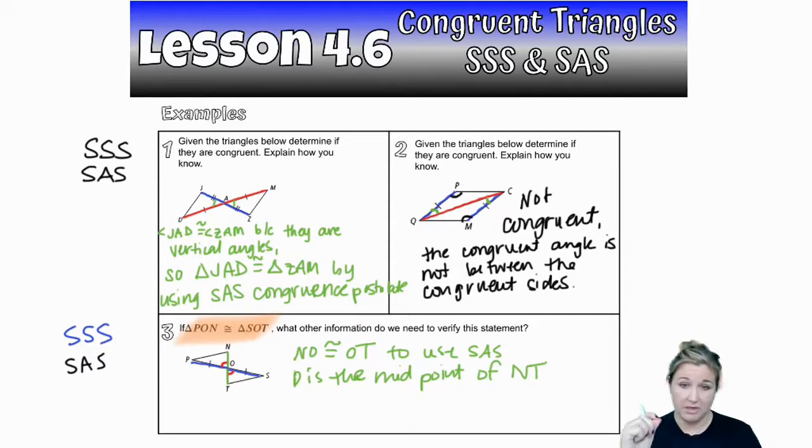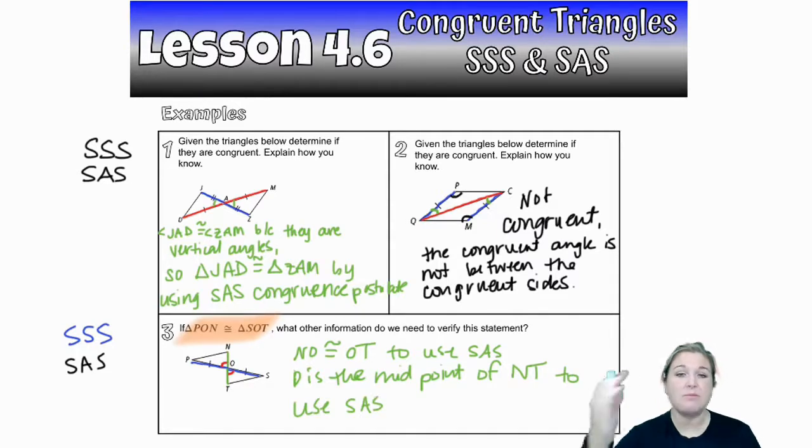Okay, if O is the midpoint, that would automatically make those two pieces congruent. So if it's a midpoint, then we would be able to use side angle side. So we're coming back and grabbing some of those things that we've learned earlier on, with the vertical angle and now the midpoint, knowing that it cuts it into two equal pieces.